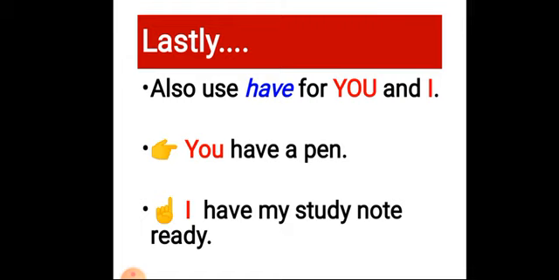Lastly, we also use have for you and I. So when you want to say the word you in a sentence or I in a sentence, you use have. You don't say you has a pen. No, you have a pen. You don't say I has a doll or I has a book. I have. So can you see that? Very good.